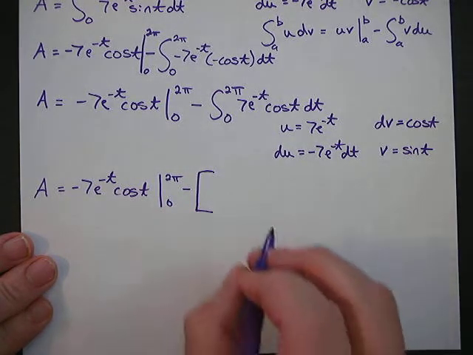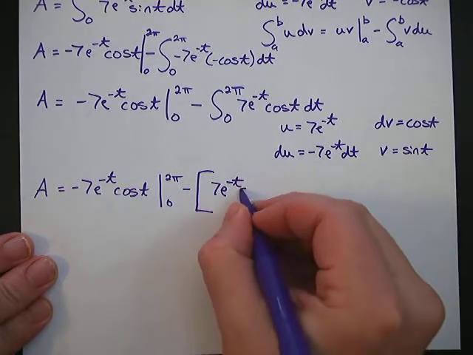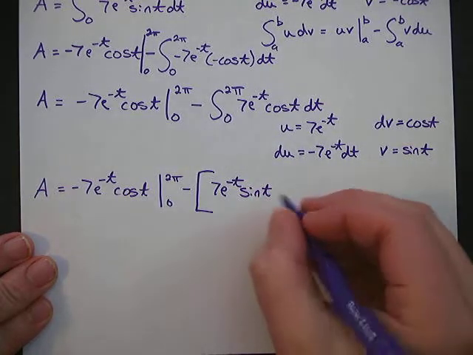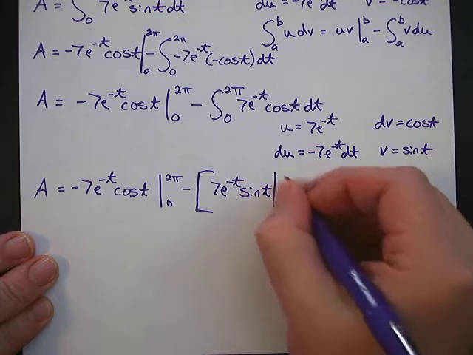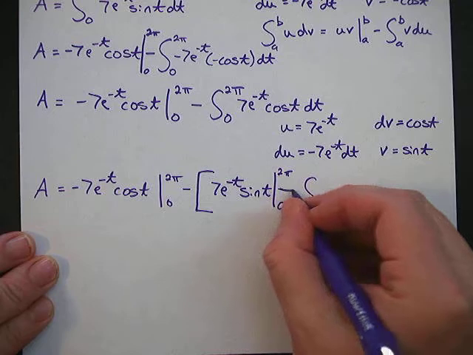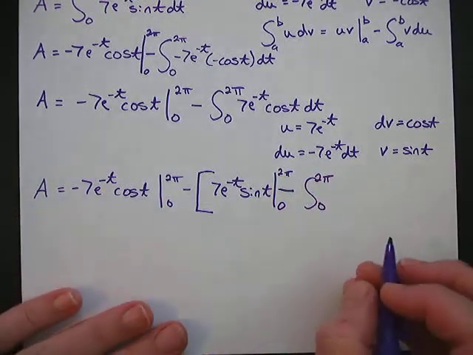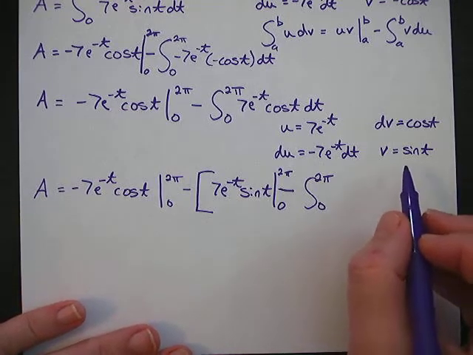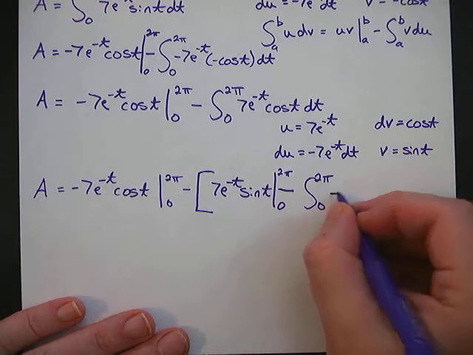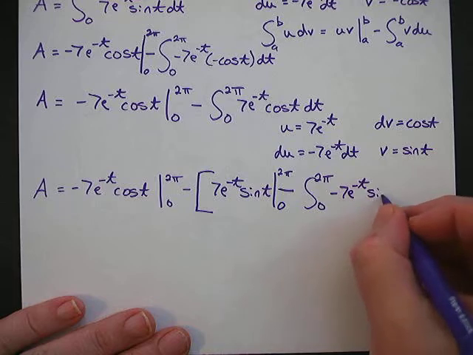Okay, so uv will be 7e to the negative t times sine t, evaluated from 0 to 2 pi, minus the integral from 0 to 2 pi of v du, which is negative 7e to the negative t times sine t dt.